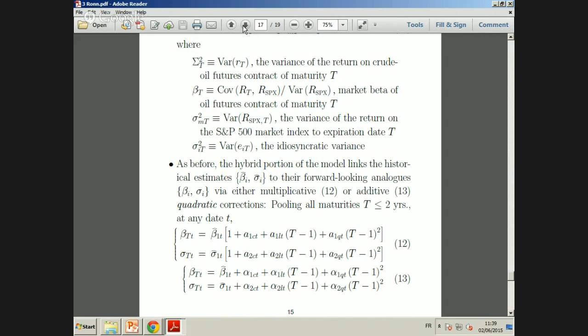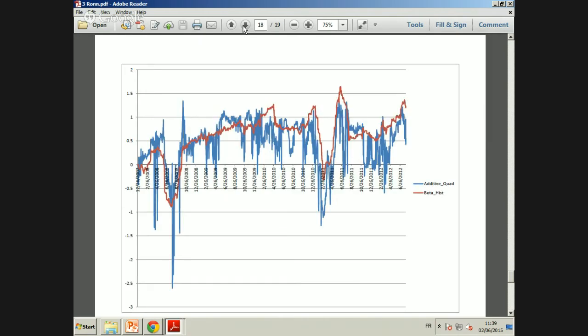So equations 12 and 13 allow us to link these, pooling them together across these 2 years of maturity. And here I only have initial results to report. You see there's a lot of noise in these things, so we're trying to really force the data to tell us a lot. I think there's some lead information here, in that the additive correction does seem to lead the historical as we enter into 2011.